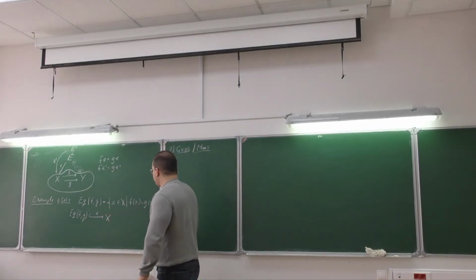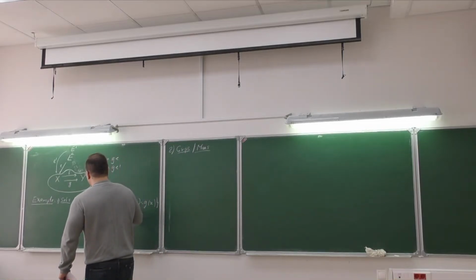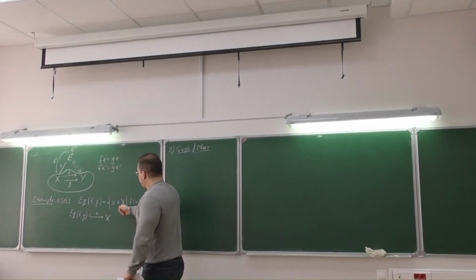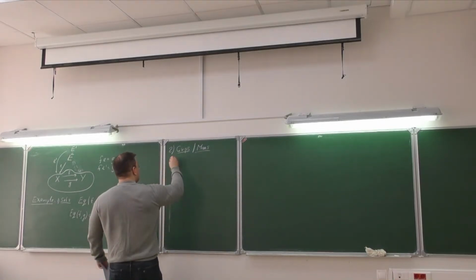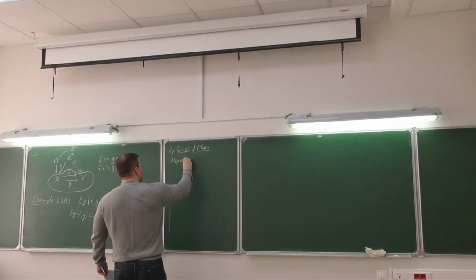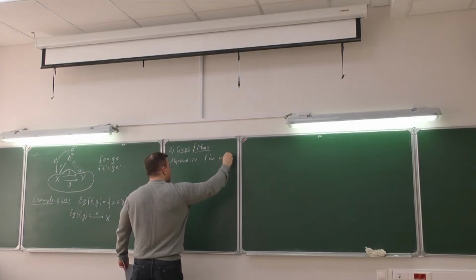You can check that if you put a structure, for example group in this case, then this will be a subgroup, and this will be the embedding of subgroups. So the answer is to algebraize the previous formula.